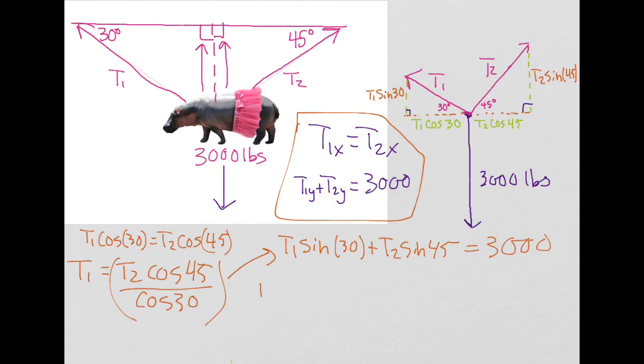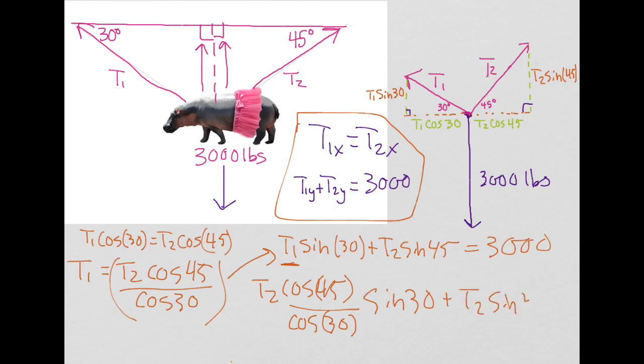So I'm going to get T2 cosine of 45 divided by cosine of 30 times the sine of 30. It looks messy, but all I've done is substitute in for T1 right there. T1 is T2 cosine 45 over cosine 30, and I have T1 times sine 30. Plus T2 sine of 45, and that is still equal to our 3,000.